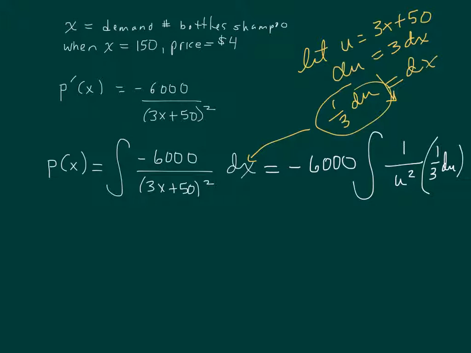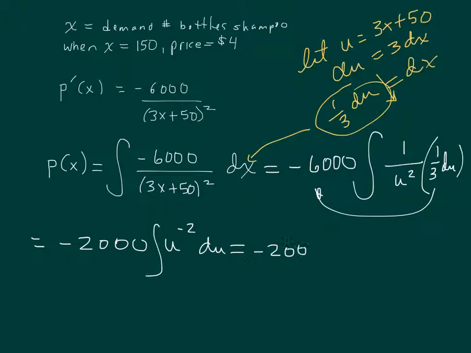Alright, well the first thing I do is I just simply divide the 6,000 by the 3, so that gives me negative 2,000. And I'm going to bring the u squared up to the top. So to find this antiderivative, I add 1 to the exponent and to the denominator.